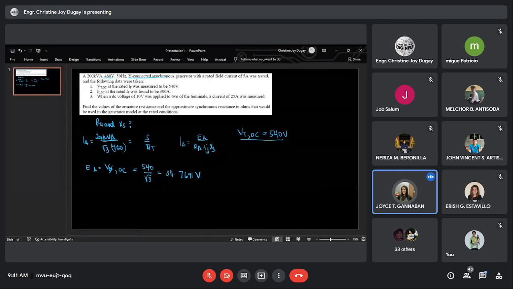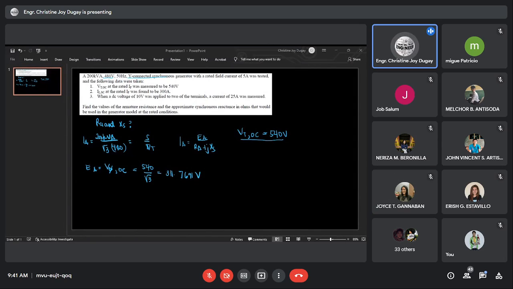Given na po yata yung IL. Oo, tama, given na po ang IL natin. So ibig sabihin, ang IL po natin, pwede po natin siyang mahanap from short circuit test.